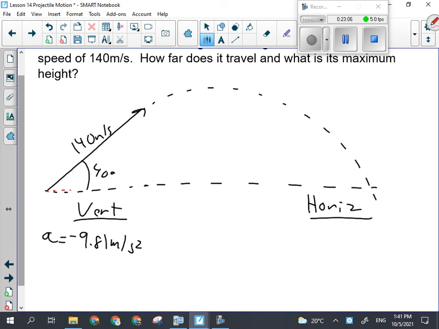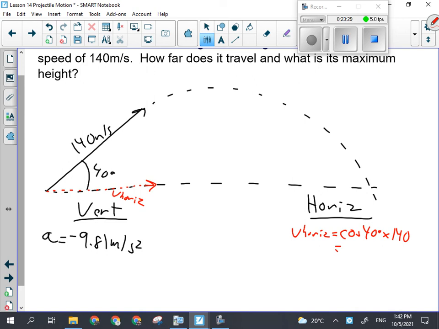Now I have to start doing some calculating. Okay. This side of my triangle represents the horizontal component of the launch velocity, or projected velocity. Right? If I want to calculate that horizontal component, then I'm going to go cos of 40 degrees times 140 meters per second. Right?